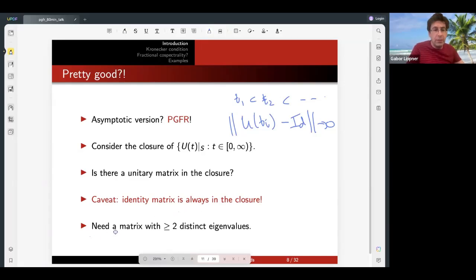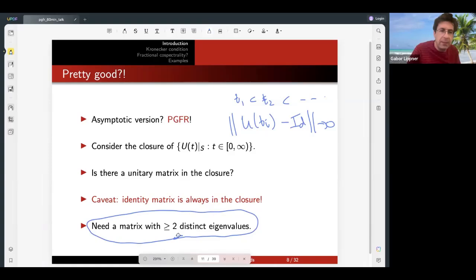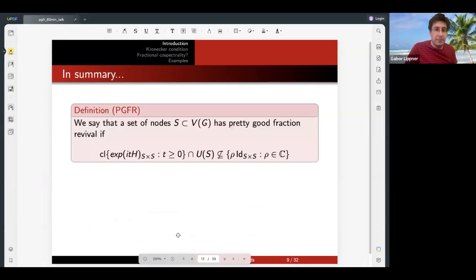To get rid of this uninteresting case, we need to insist that the unitary block we find has at least 2 distinct eigenvalues, which means it's not a scalar multiple of the identity matrix. Okay, so let me summarize our notion of pretty good fractional revival. We fix a set of nodes S in the graph.